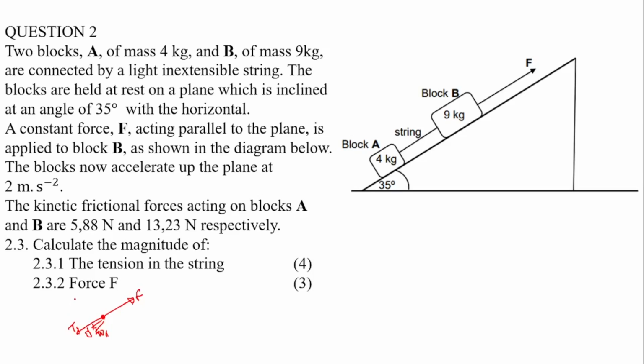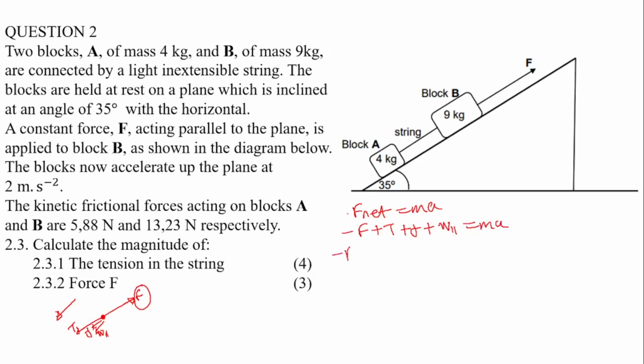Right, we could have taken downwards as positive. It's still fine. But if you take downwards as positive, this becomes negative F. So remember, F net is equal to ma, and our F net there is going to be negative F, plus T, plus friction, plus the weight component parallel to the incline is equal to ma, right?